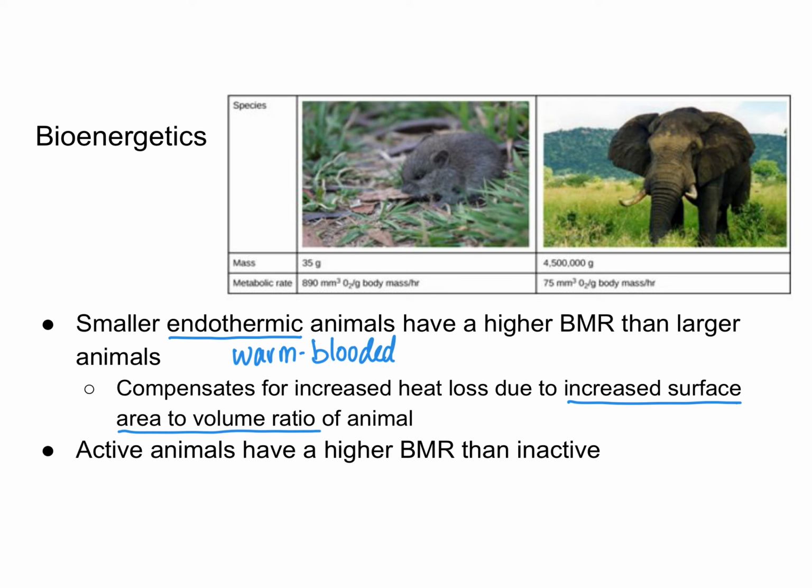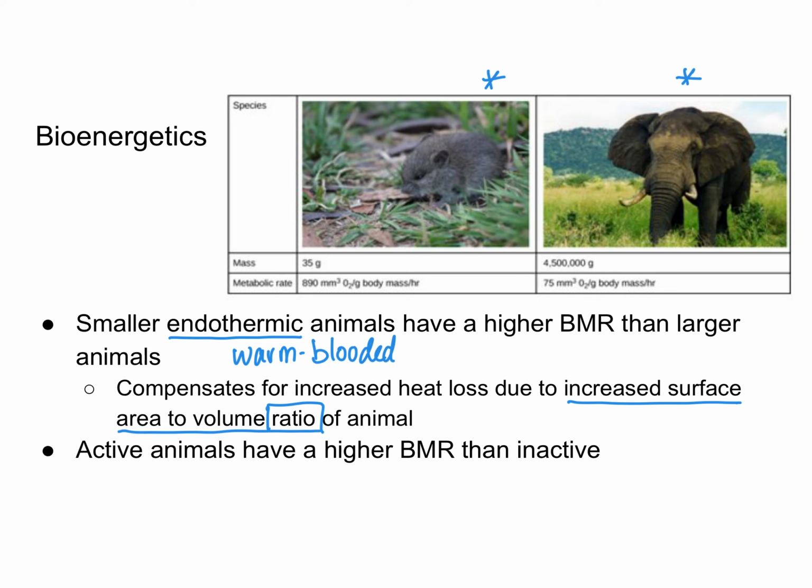So if you look at this small mouse right here, it has a higher surface area to volume ratio than the elephant does, meaning that it is more likely to lose heat to the environment because of that increased amount of surface area per unit volume. Now, it doesn't have more overall surface area than the elephant. It's all about this ratio, okay? It's all about the amount of surface area per amount of volume.